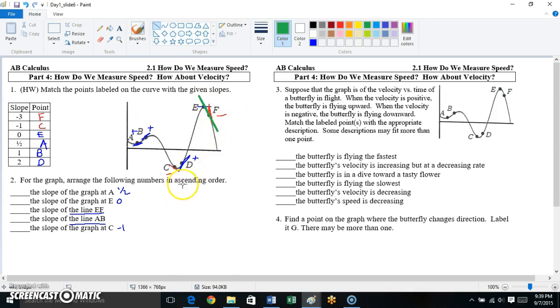Much better. And the slope of the line AB. All right, so this is definitely a negative slope. This is definitely a positive slope. All right, and I need to place it somewhere or give it a numerical value.